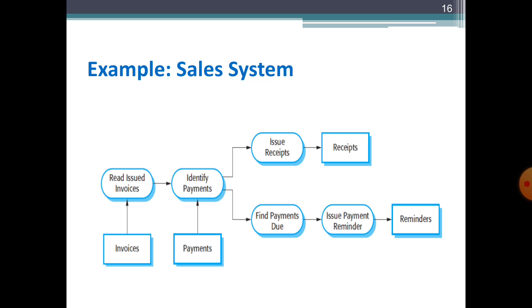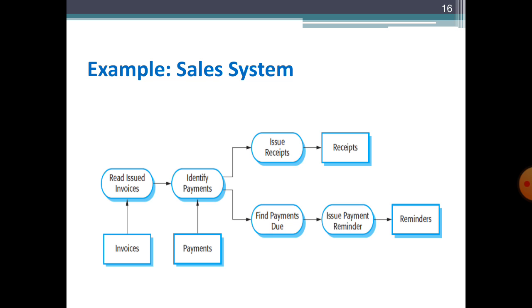Once a week, payments are made or reconciled with the invoices. For those invoices that have been paid, a receipt is issued. For those invoices that have not been paid within the allowed payment time, a reminder is issued.